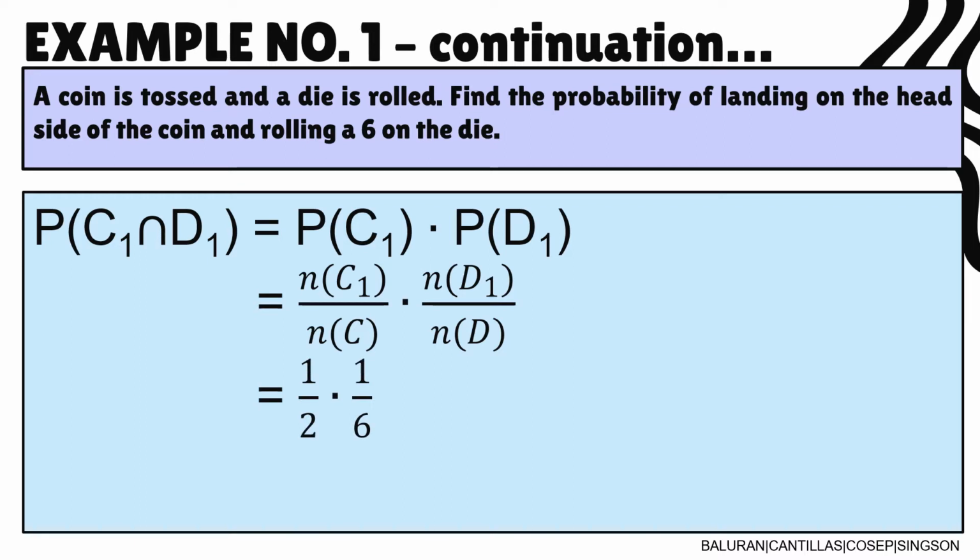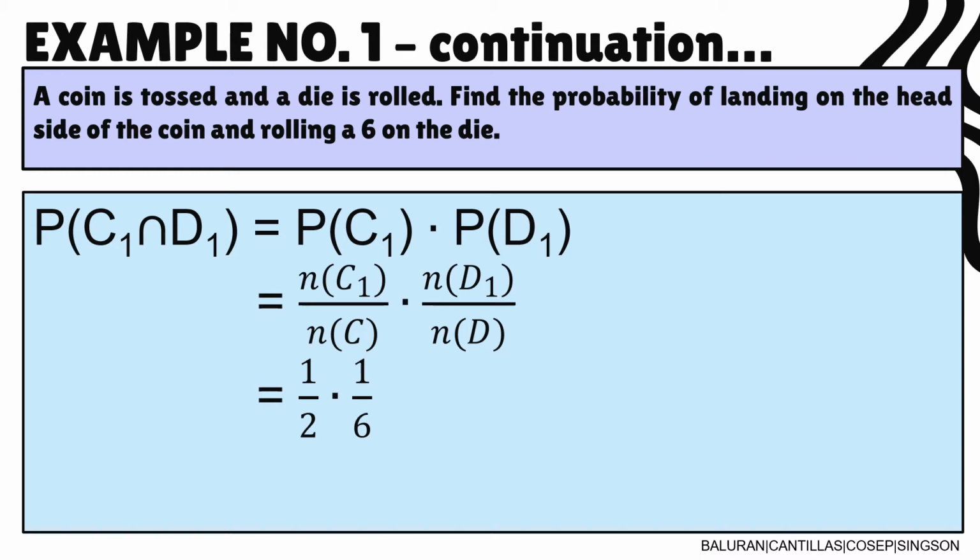and substitute the values. So for the cardinality of C sub 1, wherein the event should land on the head side, we have 1 over 2, since we have a total of 2 outcomes in tossing a coin, times 1. 1 here indicates that we only have one outcome in rolling a 6, over 6, and 6 here is the total number of outcomes in rolling a die.